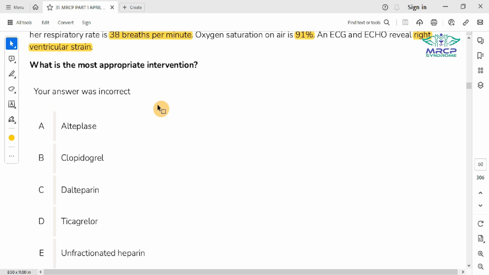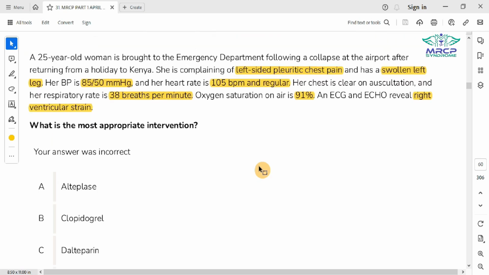What is the most appropriate intervention? Alteplase, clopidogrel, dalteparin, ticagrelor, unfractionated heparin. A 25-year-old woman is brought to the emergency department following a collapse at the airport after returning from a holiday in Kenya. She is complaining of left-sided pleuritic chest pain and has a swollen left leg.